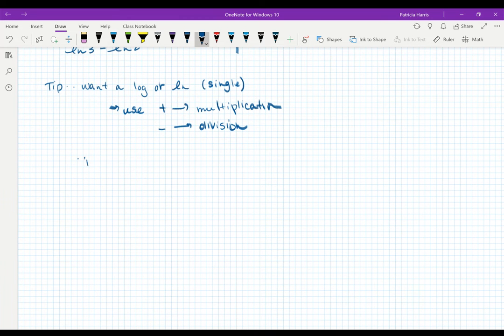Second tip, remember, exponentials and logs are inverses.